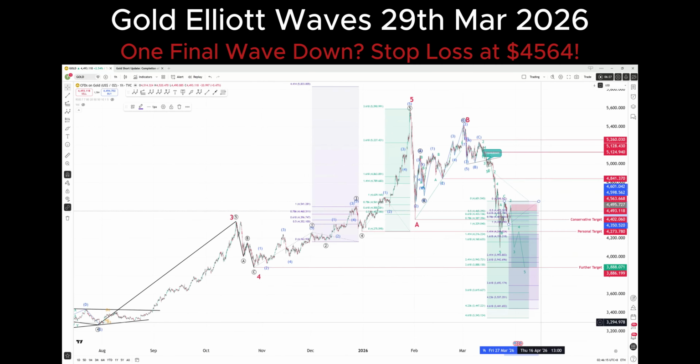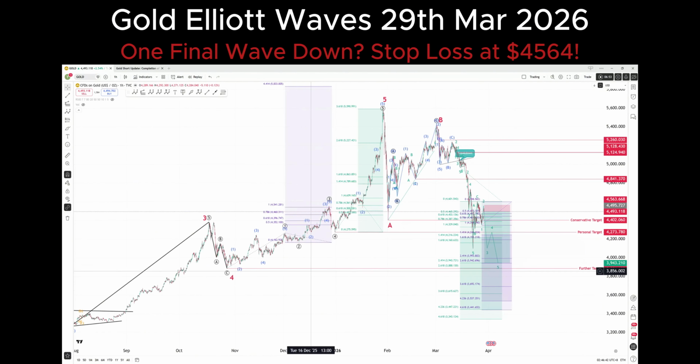So I would say that my preference, after seeing this, is to change my target to here. Move this up here. This would be nice, to reach this wave 4 here, but let's be a bit more conservative over here.